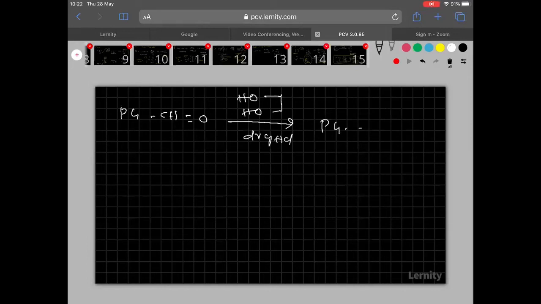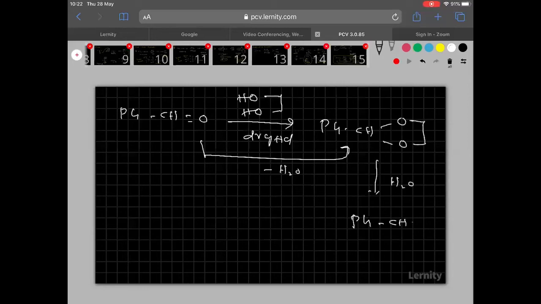So PhCH, okay, this will be obtained. I hope you are able to understand this one. Okay. Tell me from here to here, how I got this one? By removing the water. Am I right? Now I want to add water here. What is the product again obtained? Again, we will get the same one.